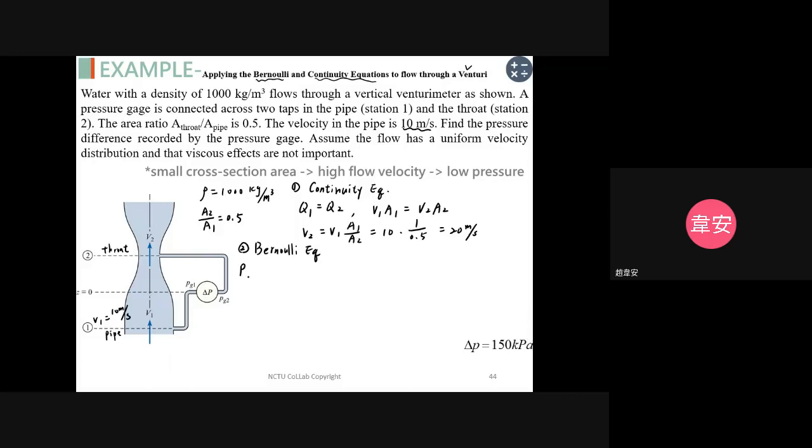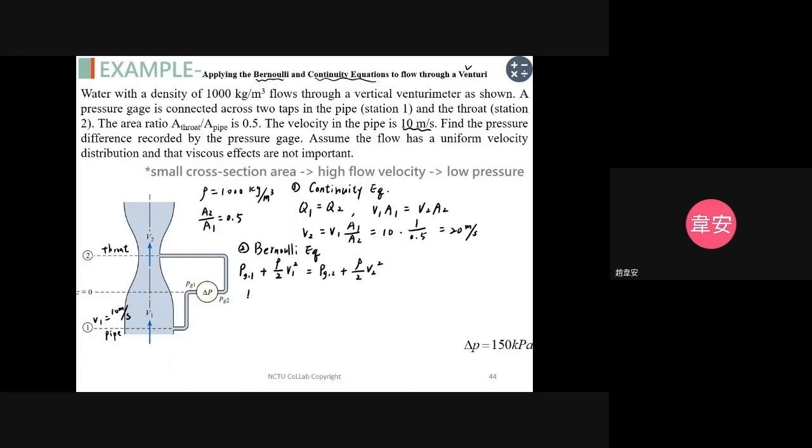The piezometric pressure 1 plus one half rho V1 squared is equal to the piezometric pressure 2 plus one half rho V2 squared.